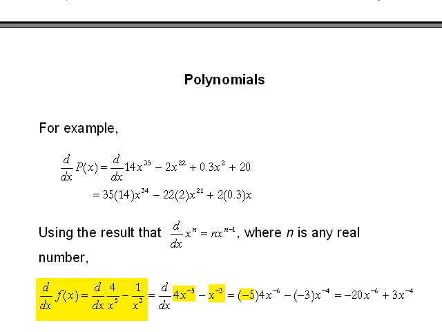The minus 5 comes out in front. It multiplies the constant multiplier of 4. And minus 5 decreases to minus 6. For the next term, you still have your negative sign. The minus 3 comes out in front. But minus 3 decreases to minus 4. So you get minus 20 x to the minus 6 plus 3 times x to the minus 4.